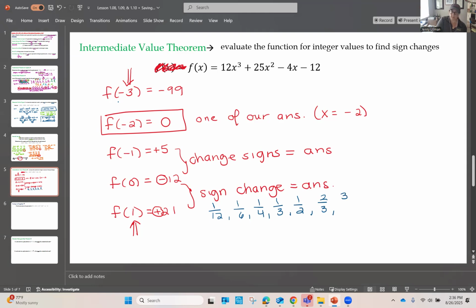Yep. So one of those is our final answer. Now for the negative, it could be the negative of each of those: -1/12, -1/6, -1/4, and so on.